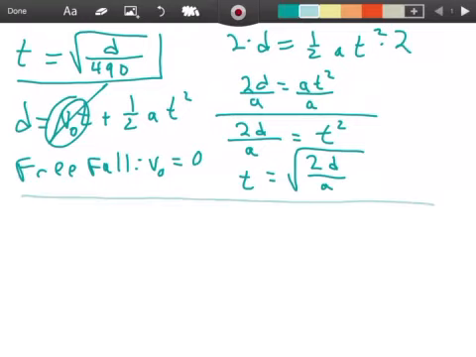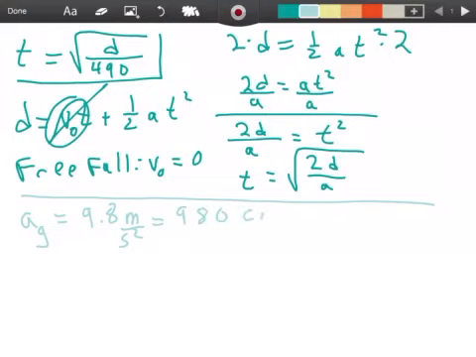Quick sidebar. The acceleration due to gravity is 9.8 meters per second squared. If we converted this acceleration from meters per second to centimeters per second, that would require us to multiply by 100 to convert from meters to centimeters.